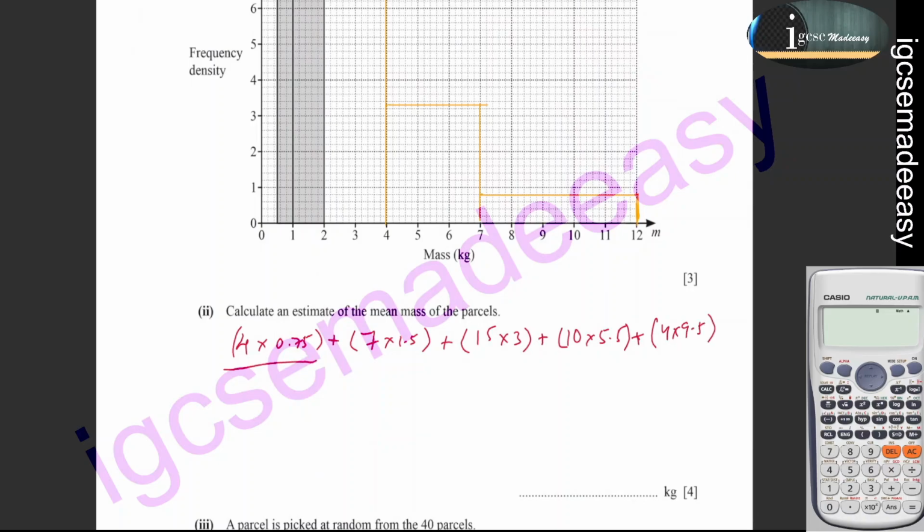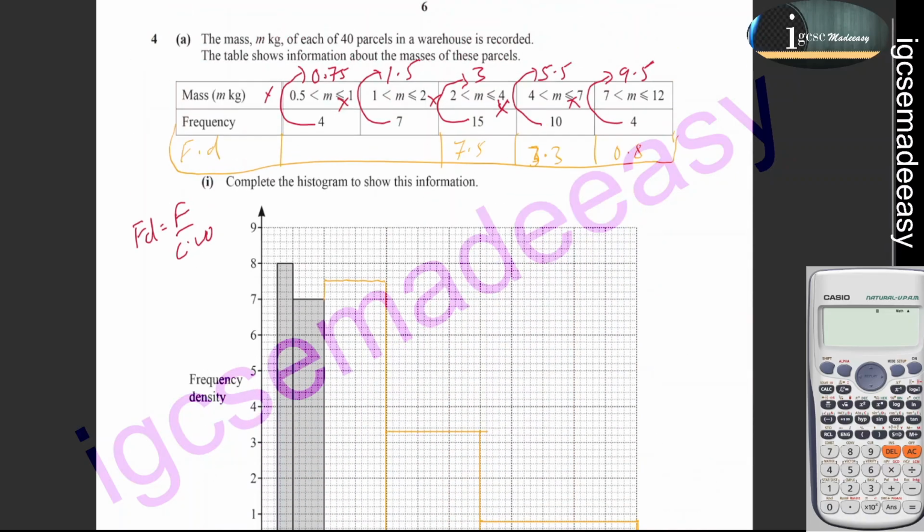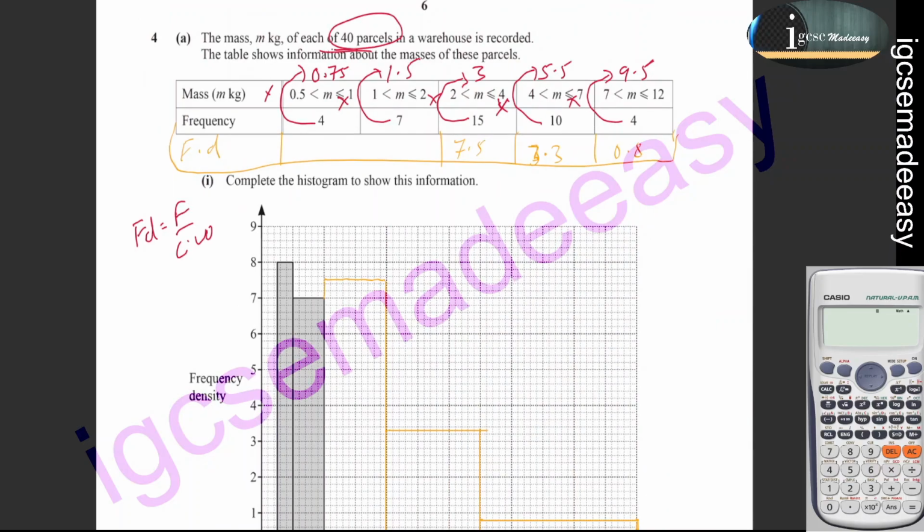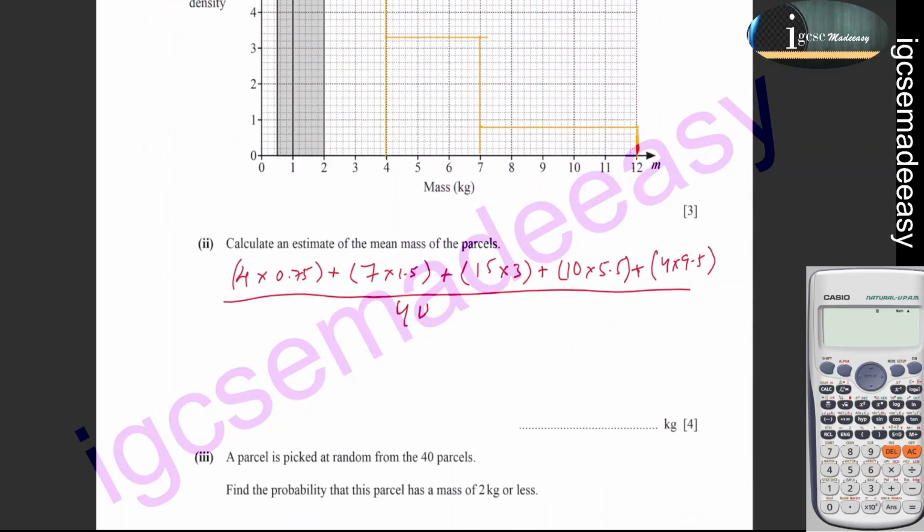Once you have done this, you have to divide all these things by the total, 40 parcels, right? If you divide using a calculator, you can do this one.